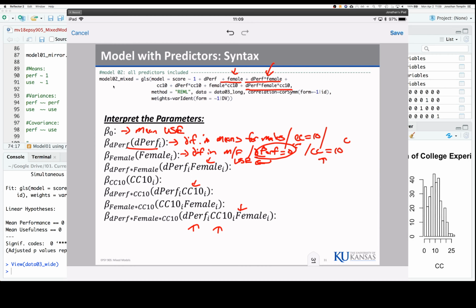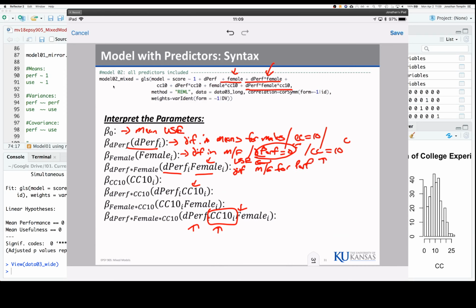What about this 2-way interaction of performance and female? Now, we have to consider it when the 3-way interaction CC10 is 0. So this is going to be the difference in male-female for performance. Right?